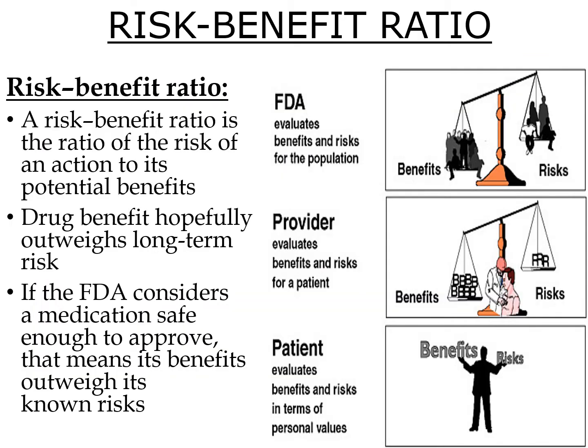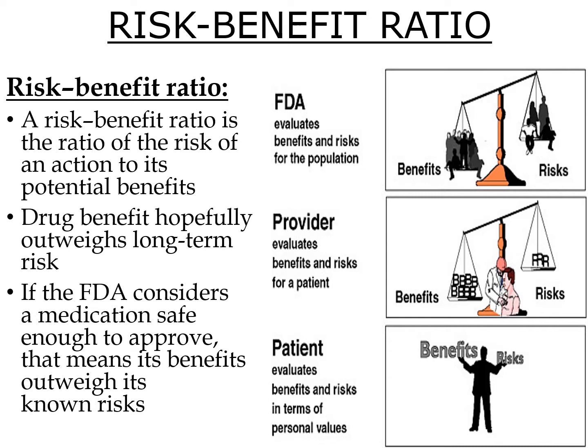Okay, so this slide is on the concept of risk-benefit ratio. And we do this all the time in life, right? We assess the risk of something and we assess the benefit and we decide to do it or not do it. So the same with medications, right? So the FDA, for example, evaluates the risk and benefits for the whole population of a certain medication. The healthcare provider should be evaluating the risk and benefits for a particular patient.